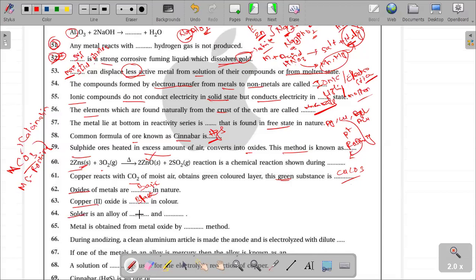Solder alloy is made up of lead and tin. And a metal obtained from the metal oxide by which method? Reduction. Metal oxide to metal, then it is refining or reduction.